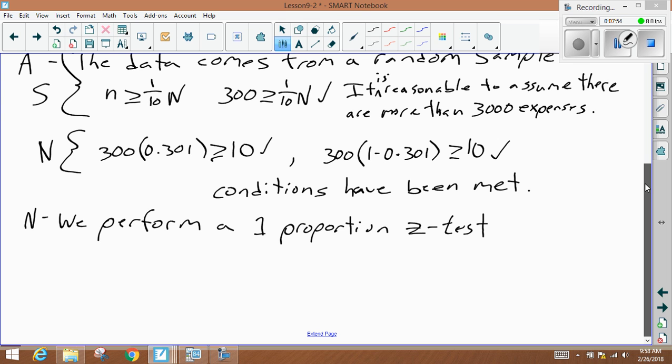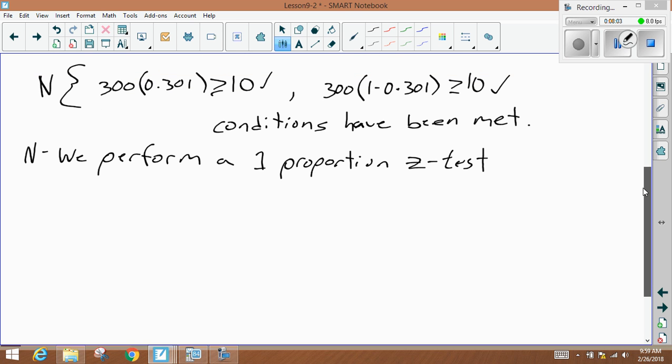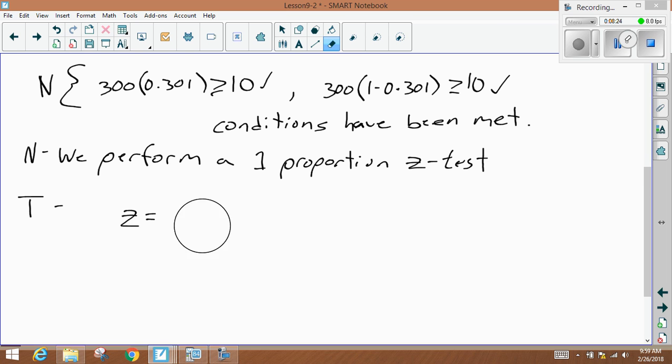All right. We will perform. I missed the T. Let's come up with a test statistic. Our test statistic is going to be Z equals. Before I get to that, I really need to know what p hat is, right?